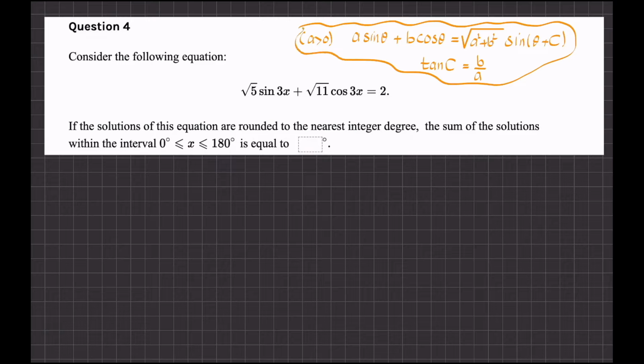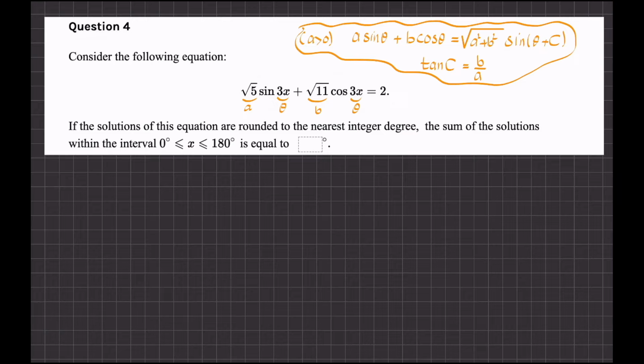If you realize that you can give the role of the coefficient a to square root of 5 in this problem, and this b and this 3x that appears here and there, I can give the role of theta to that 3x. And I use this formula to rewrite the left hand side in a way that is only one sine function. So let me calculate that one first.